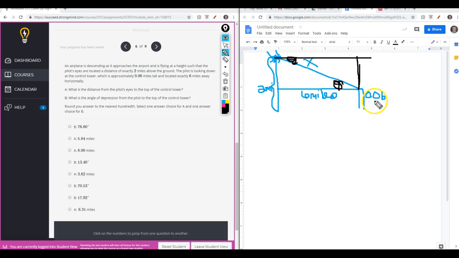So they have the same measurement. So if we can find this angle of elevation, then we have found the measurement of the angle of depression. So let's solve this for our distance.